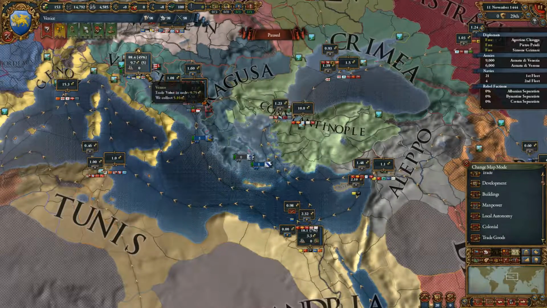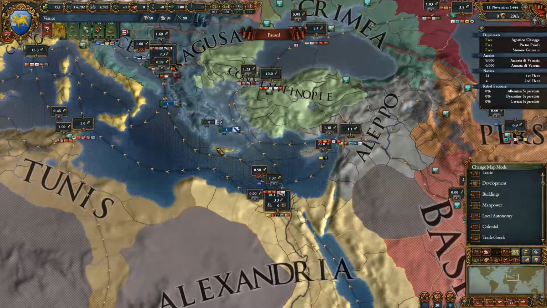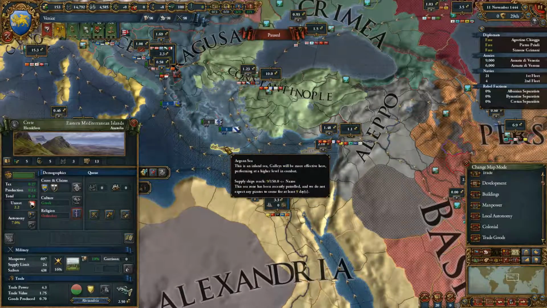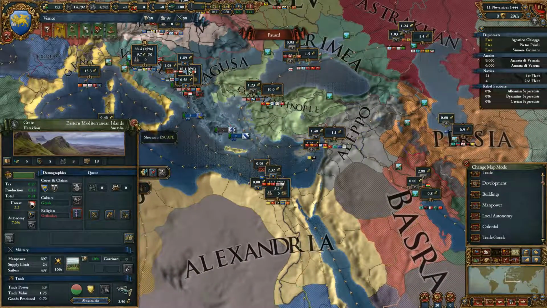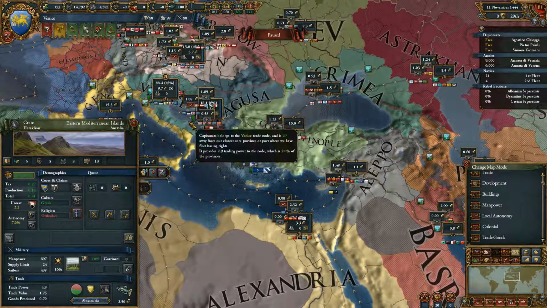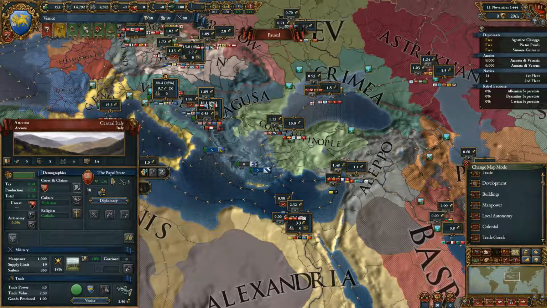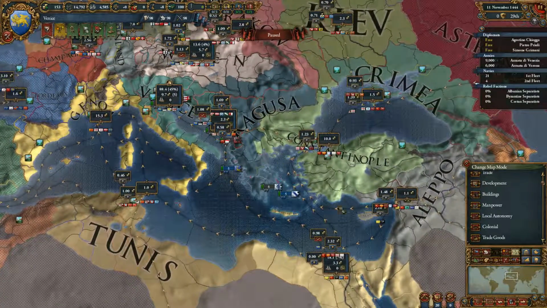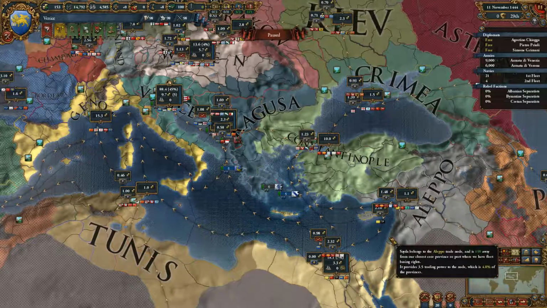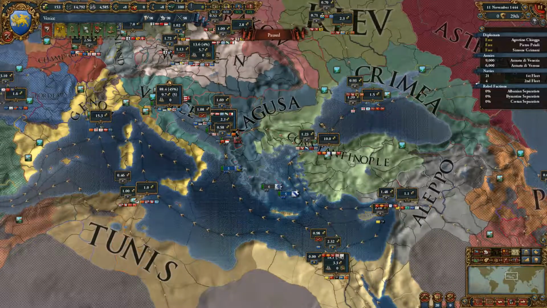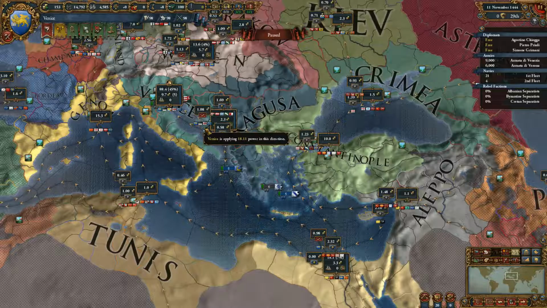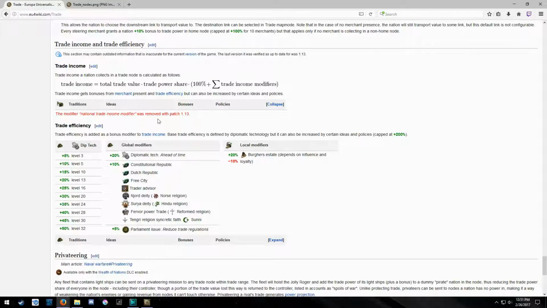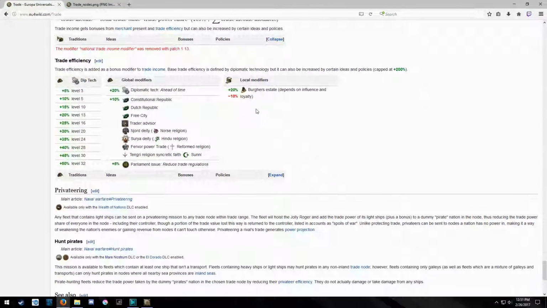So it calculates from the Venice node and the Alexandria node in terms of distance. So every node you have actual land in, you can have trade range from. So this is basically stuff you can look at.